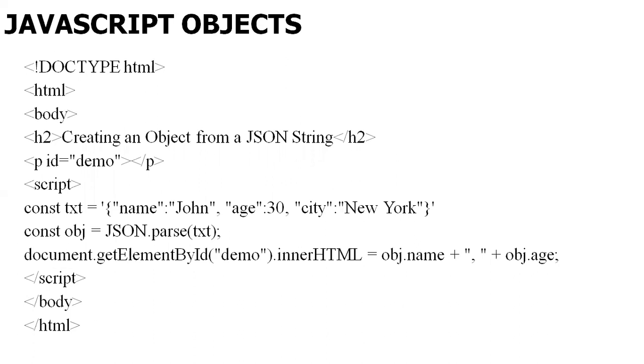JavaScript object: we represent the JSON. DOCTYPE html, html tag, body tag, and h2 tag: create an object from a JSON string.